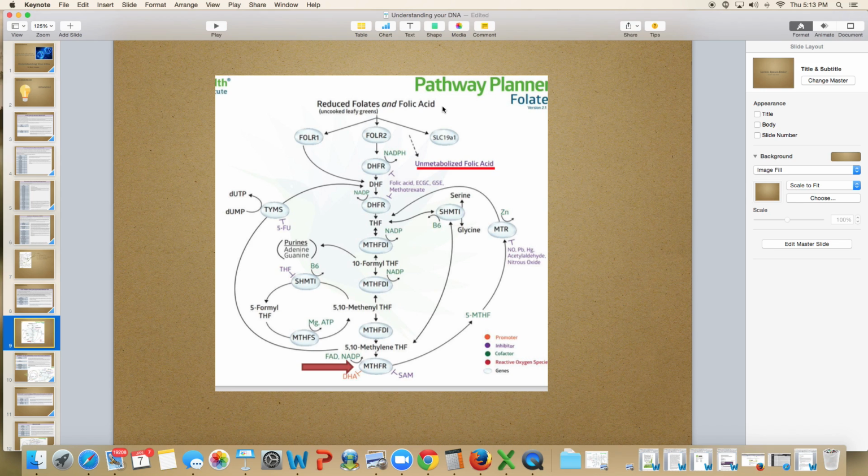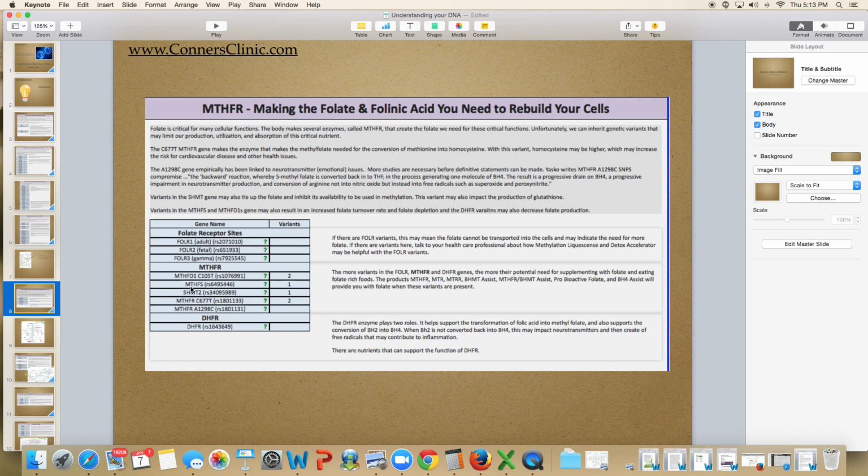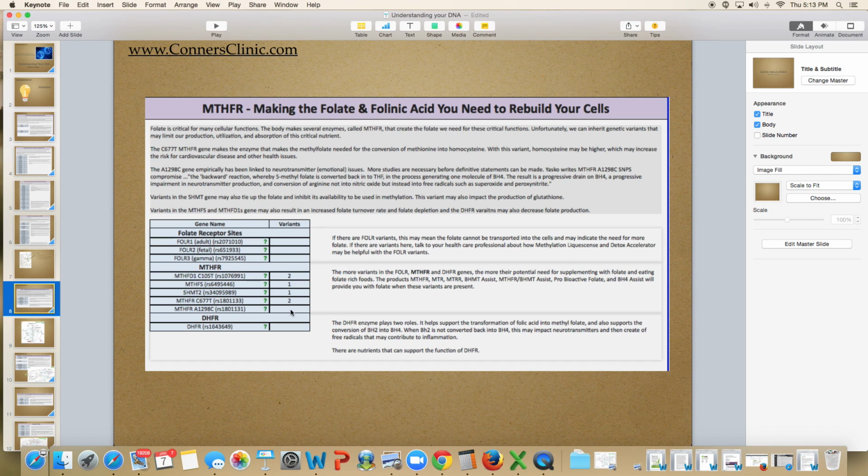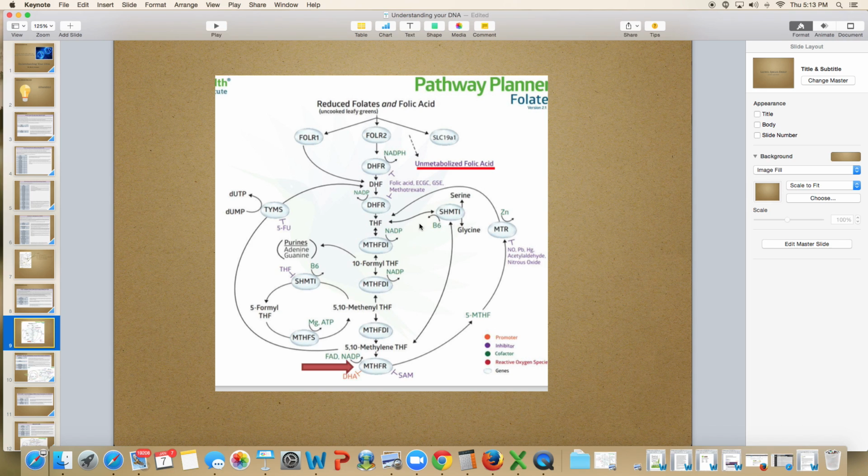Folic acid is what's created in a laboratory. Folic acid is hypothesized to be actually one of the causative factors of a methyl tetrahydrofolate reductase defect. So the defects that we were talking about here, like this person who has a double allele defect in the MTHFR gene, can be caused from consuming folic acid.